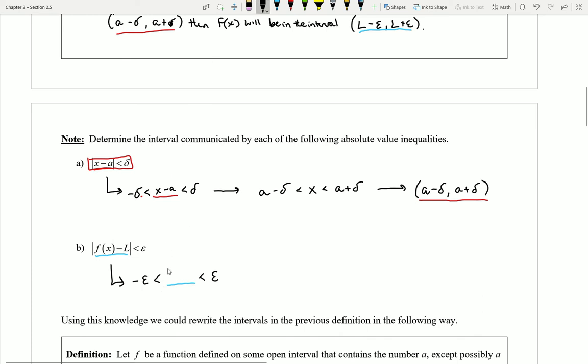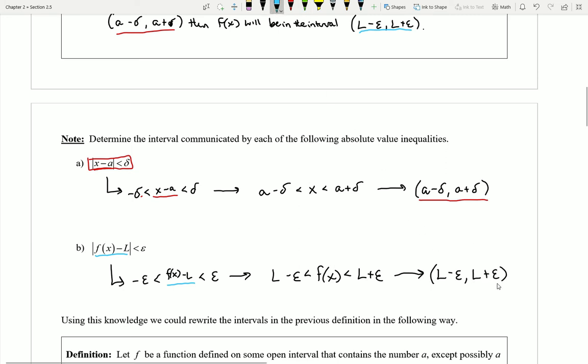So when I write this in and try to get f of x all by itself, I'm going to move L, giving L minus epsilon, and then over here, L plus epsilon, which of course, if I wrote in interval notation, I would see that f of x now is falling inside the interval of L minus epsilon to L plus epsilon.